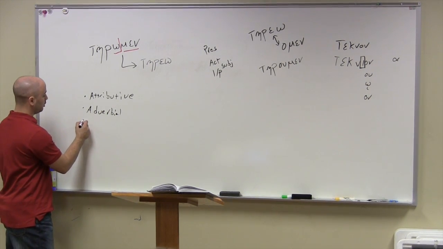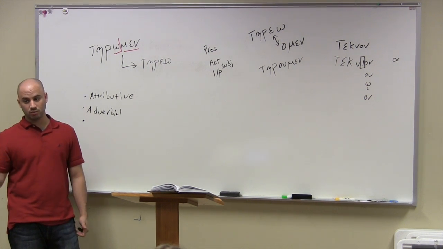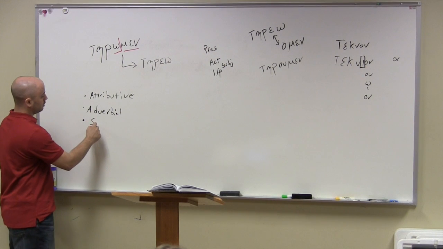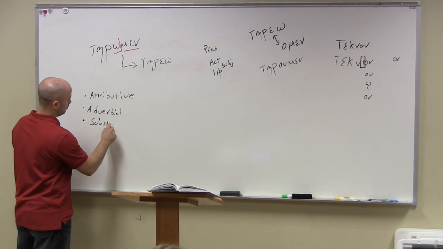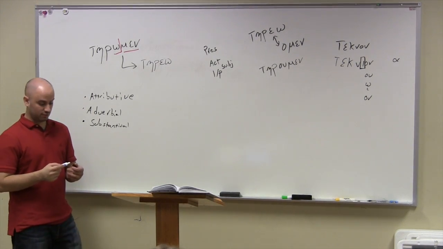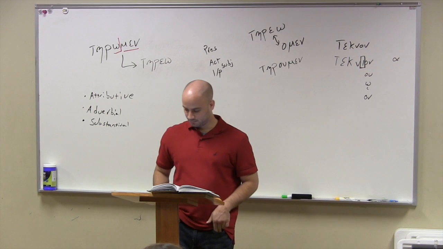And the last one is just like your adjective when it's used alone and not with another noun or with anything else. It could be substantival. So it's treated as if it is a noun itself. So the saying one, or the one who says. Okay.